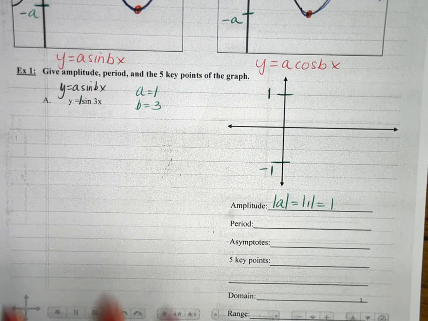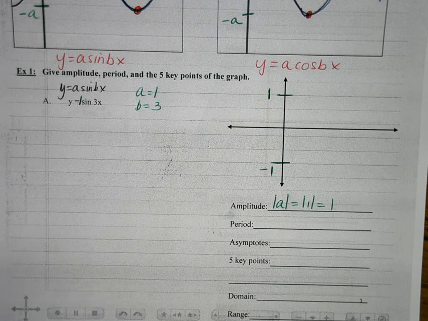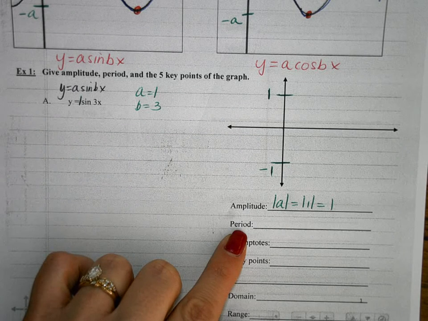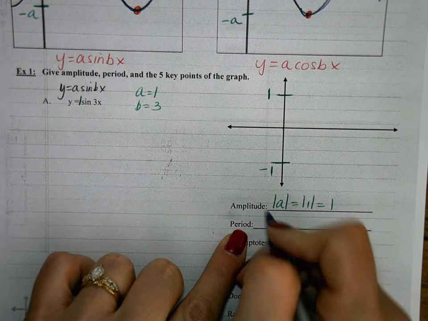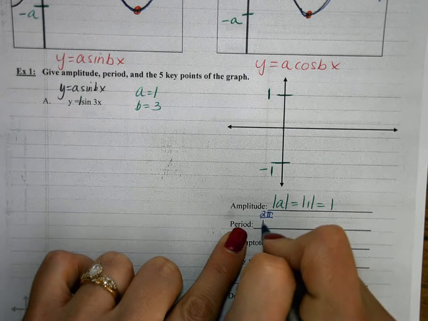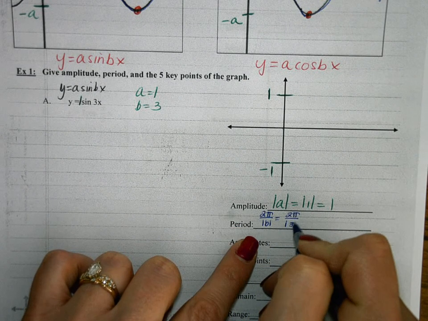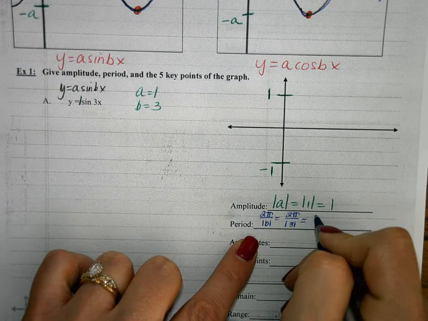Perfect. All right. What does the B help me with? The B helps me find the period. And how do I find the period? 2 pi over the absolute value of B. So 2 pi over the absolute value of my B value of 3, which is 2 pi over 3.